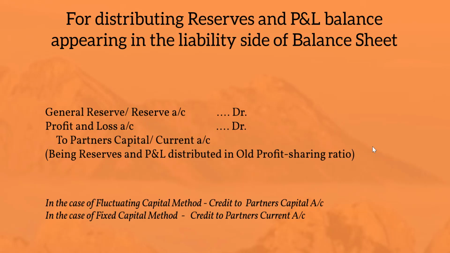So we debit the general reserve or reserve with the amount of reserve appearing on the liability side. The P&L account we'll debit with the P&L balance appearing in the liability side of the balance sheet, and credit each of the existing partners with this amount which is divided in the OPSR or old profit sharing ratio.